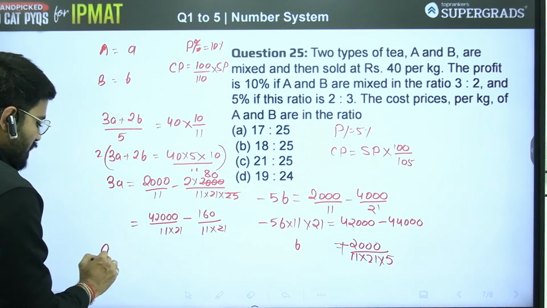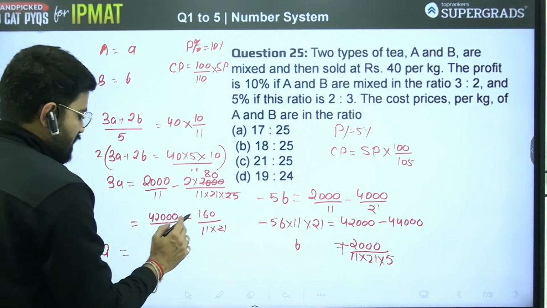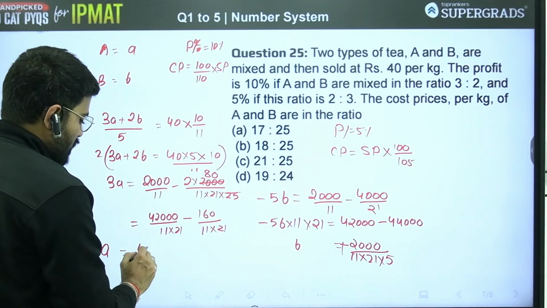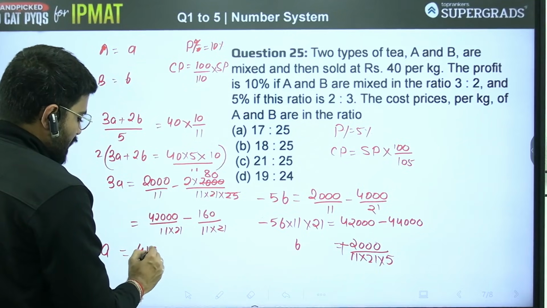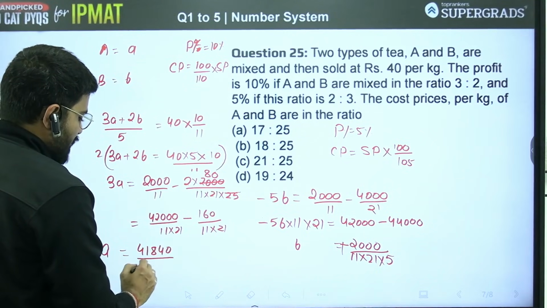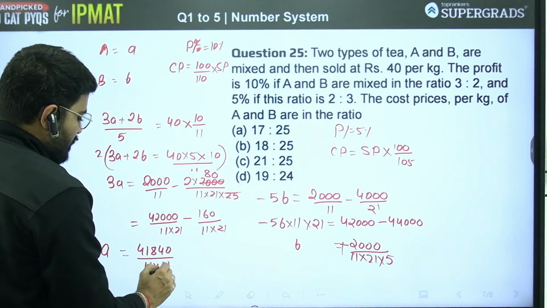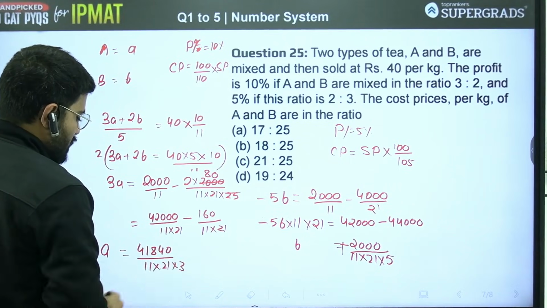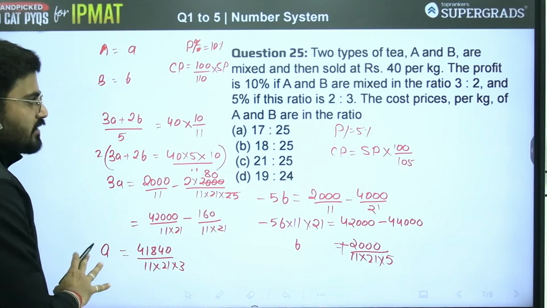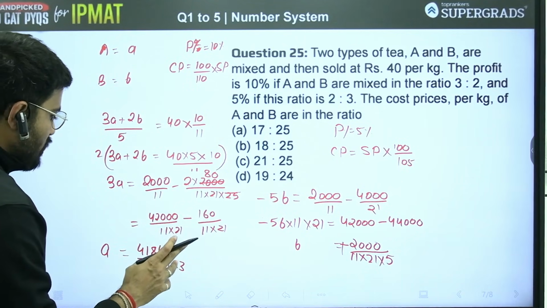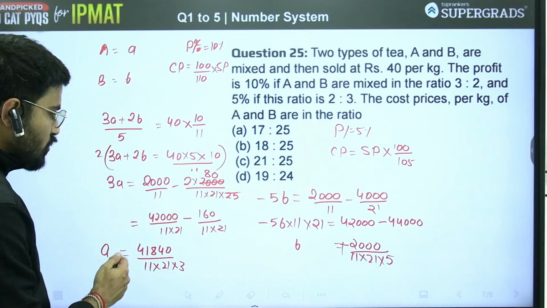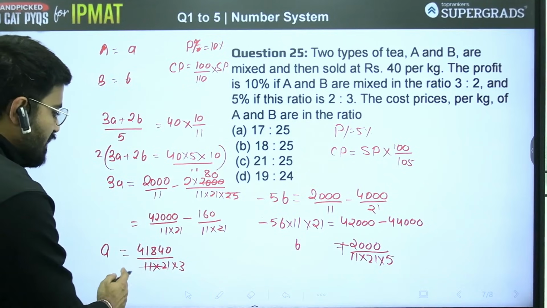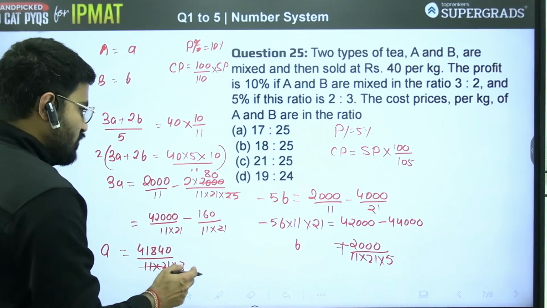So A will be equal to 42,000 minus 160, which is 41,840, divided by 11 into 21 into 3. This will be the value of A. This is A and this is B. You just divide these two and get the ratio. When I'm dividing numerator by denominator, 11 and 21 get cancelled. Only 3 and 5 are left.